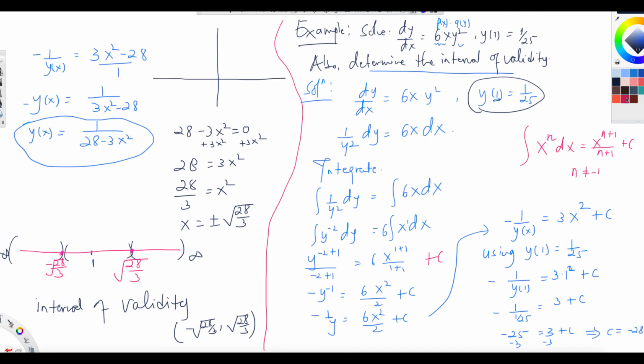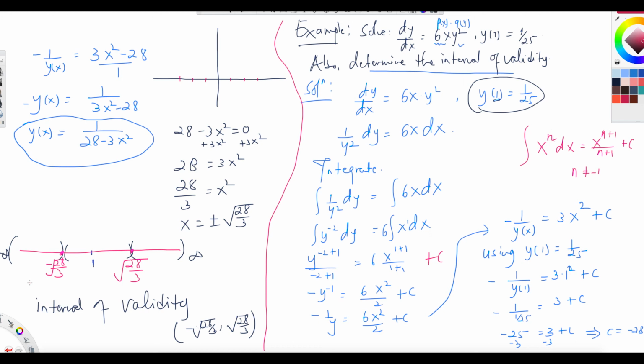Let's say this is 1, 2, 3, and this is negative 1, negative 2, negative 3, right? So how much is this value? 27 over 3 is 9, so 28 over 3 is 9 point something, and the square root of 9 point something is 3 point something.